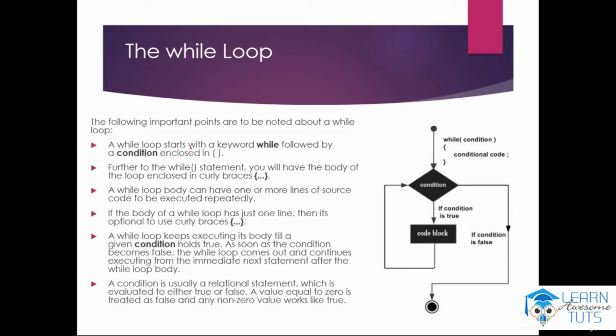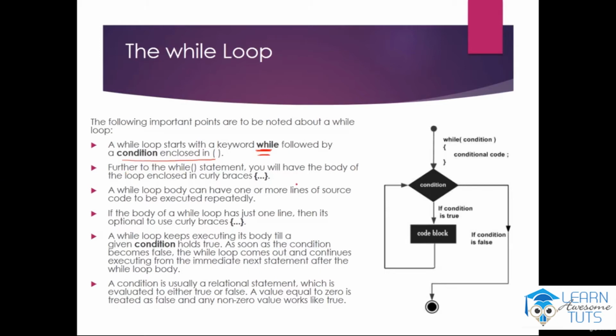A while loop always starts with the keyword while in almost all the programming languages, followed by a condition enclosed in parentheses. So it seems like an if statement, but in while it keeps repeatedly checking whether the condition is valid or not.